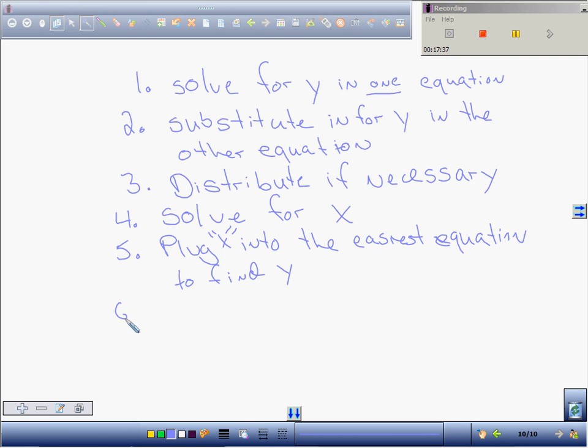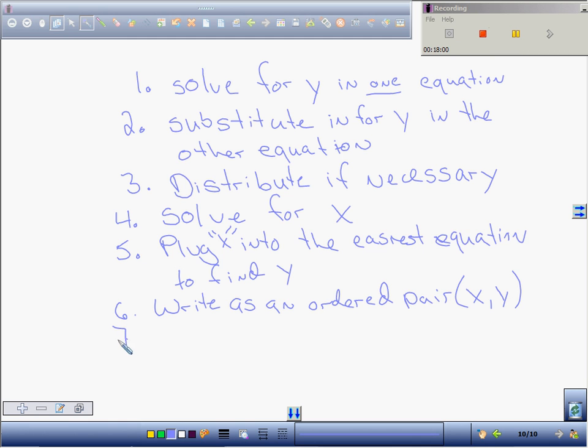And then we would say, write your answer as an ordered pair, meaning x then y, like that.